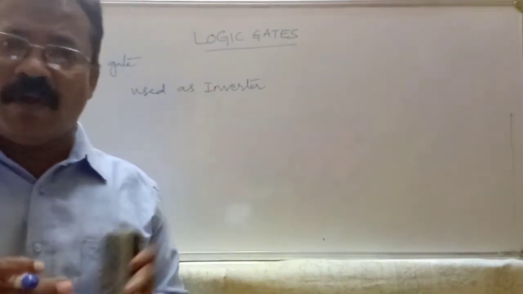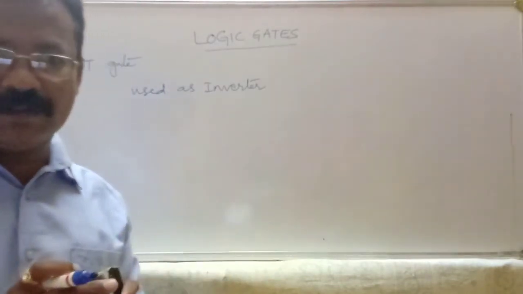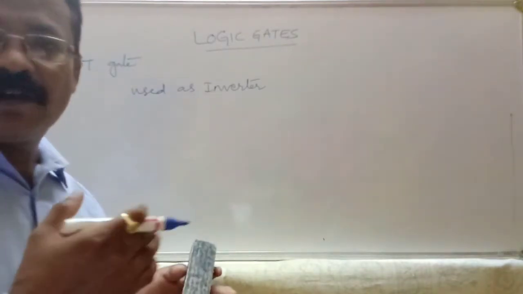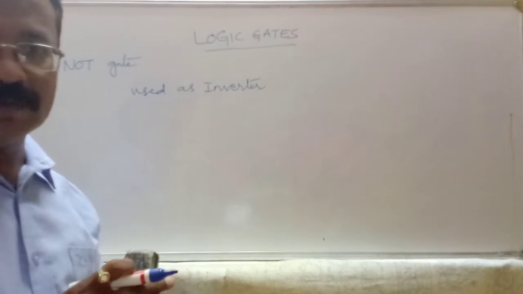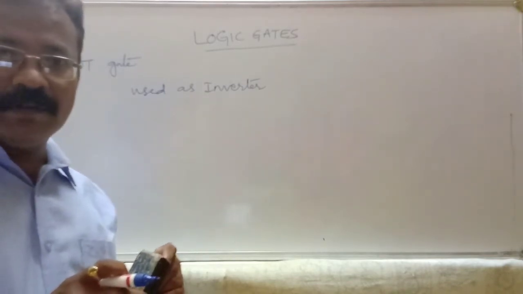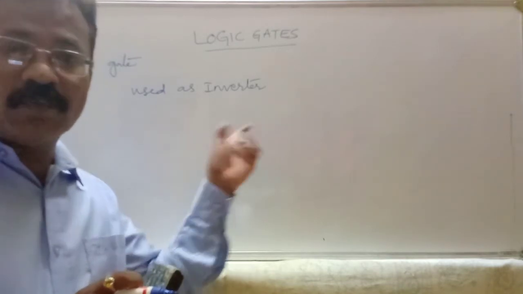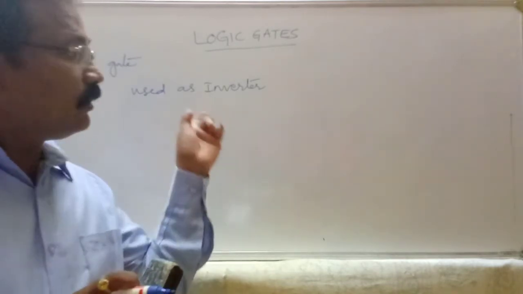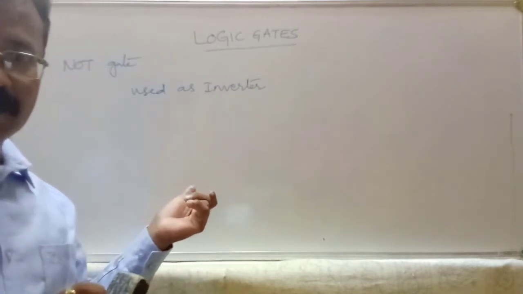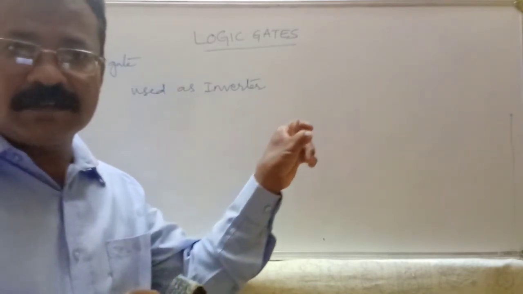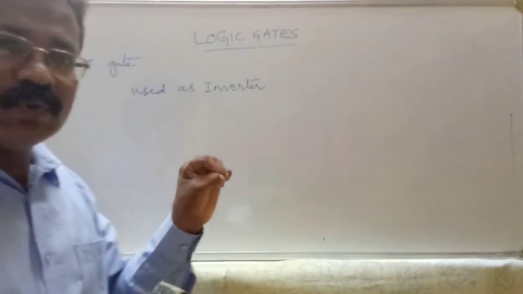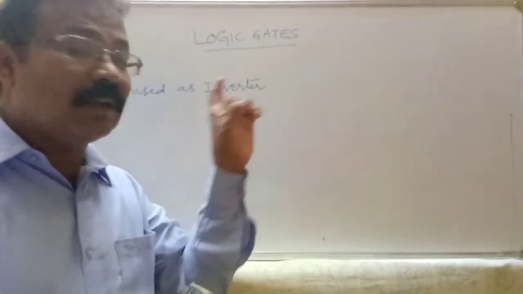Inverter means whatever input you have given will be inverted. Invert means that it will be complemented. Suppose you give the input as 0, the inversion of that 0 is 1. If the input is 1, its complement is 0. So that's why this NOT gate is used as an inverter.